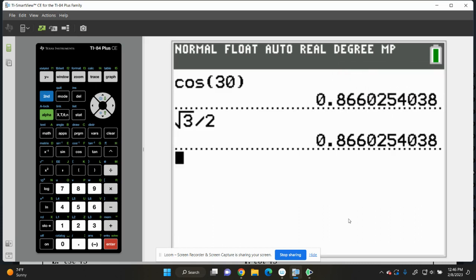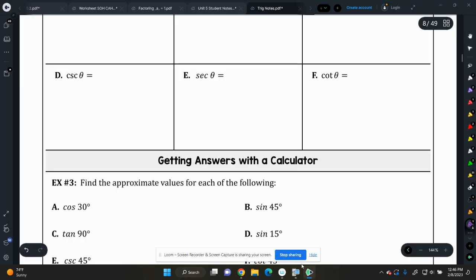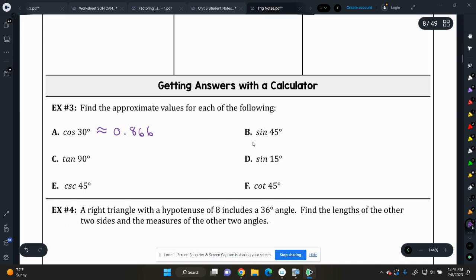If you are asked for the exact value, then you give square root of 3 over 2. That's the exact value of the cosine of 30. Okay? Everybody got that? Okay, so this is approximately 0.866. We're going to go ahead and round to 3 decimal places, okay?